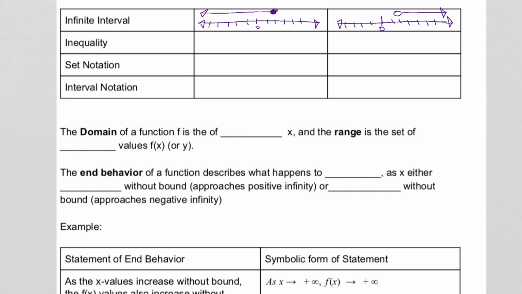So as an inequality, this circle is filled, so x would be less than or equal to 2. And then set notation, I would do the funny looking bracket. x, vertical bar, stands for such that, x is less than or equal to 2.